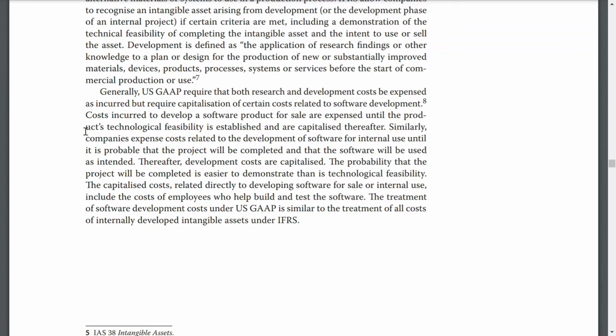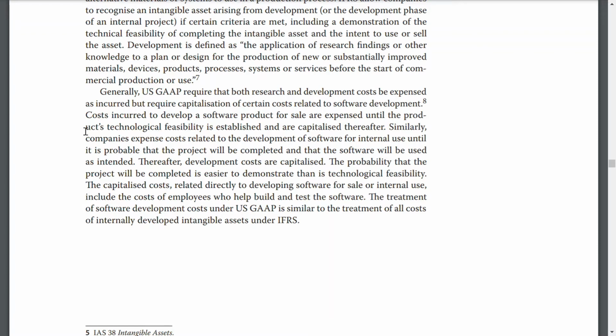Costs incurred to develop a software product for sale are expensed until the product's technological feasibility is established, and are capitalized thereafter. Similarly, companies expense costs related to the development of software for internal use until it is probable that the project will be completed and the software will be used as intended.